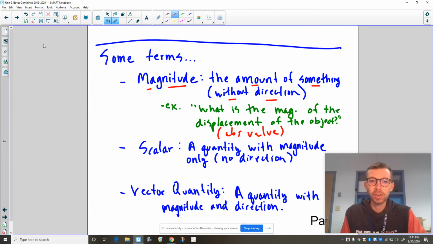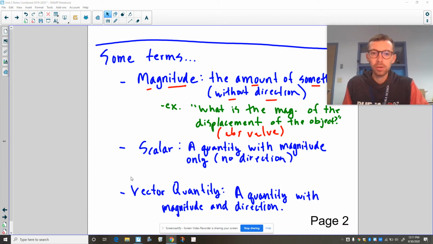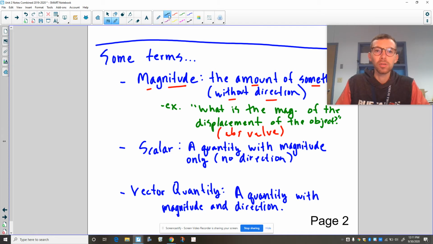So speaking of directions, we have a couple more words. We've got scalar and vector. So we can measure things that have no direction. So something like time, you wouldn't say that it took you an hour to do your homework northwest, or it took you 60 seconds to walk to the mailbox south.